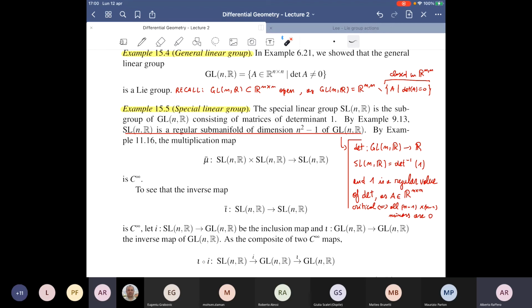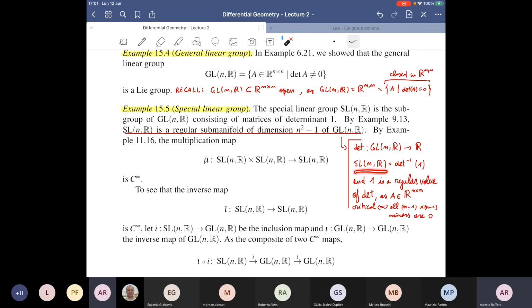In fact, what is shown in example 9.13, I think, is that an n times n square matrix is a critical point of the determinant map if and only if all n-1 by n-1 minors are 0. This means in particular that the matrix has 0 determinant, and so 1 is a regular value for this map.